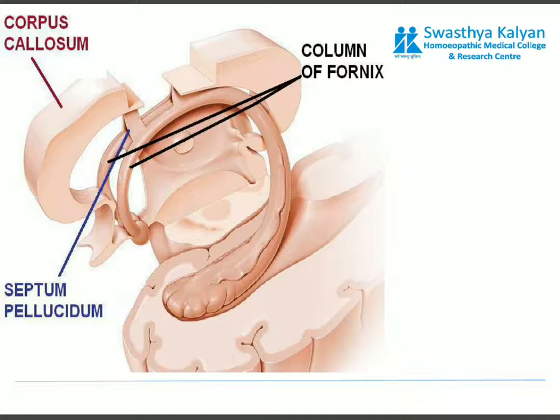So the boundary of the anterior horn is formed by the posterior surface of the genu and rostrum of the corpus callosum, and the medial wall by the septum pellucidum and the two columns of the fornix, as you can see in this figure.